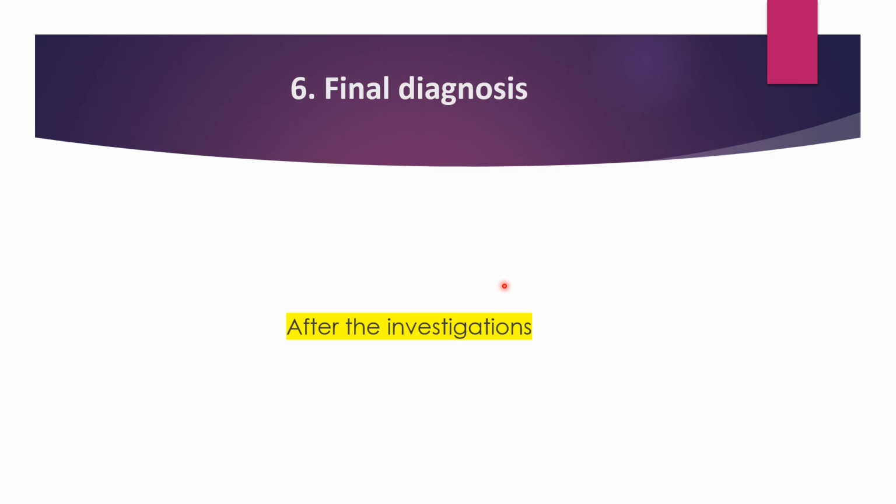And finally, based on your clinical findings, your investigations, and sometimes special investigations, you rule out a number of causes, and finally it should give you the final diagnosis of the patient.